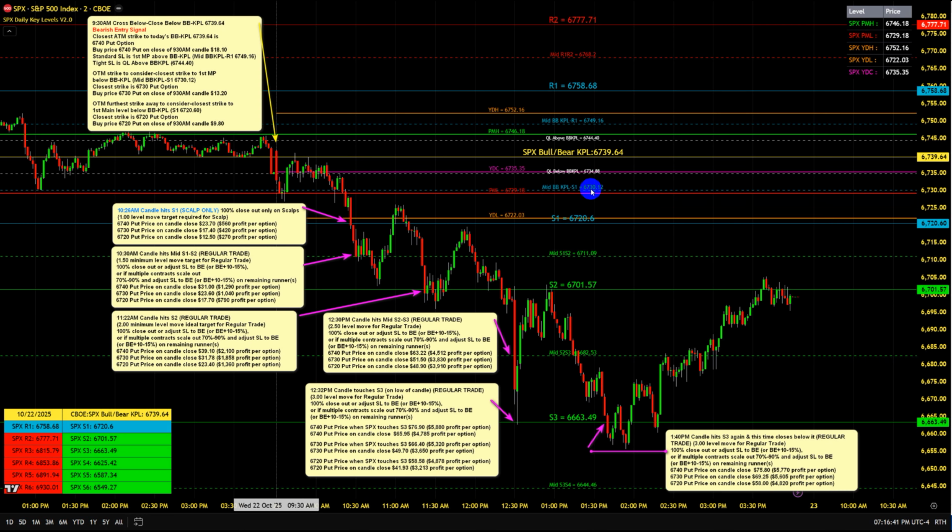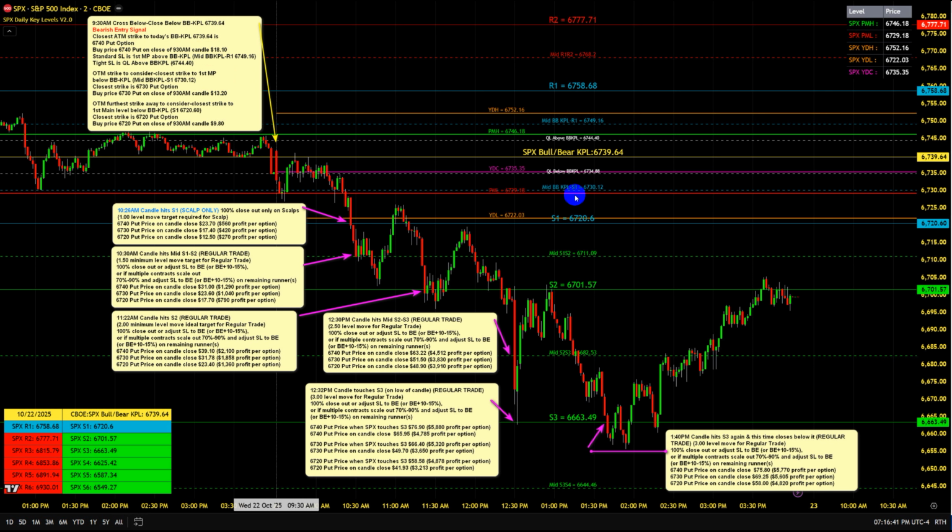So that's obviously going to be the 67.30 strike, which would be the 67.30 put in this case. The price on the close of this candle for the 67.30 put was $13.20. As you can see, that's almost $500 cheaper per option than the 67.40 at the money.